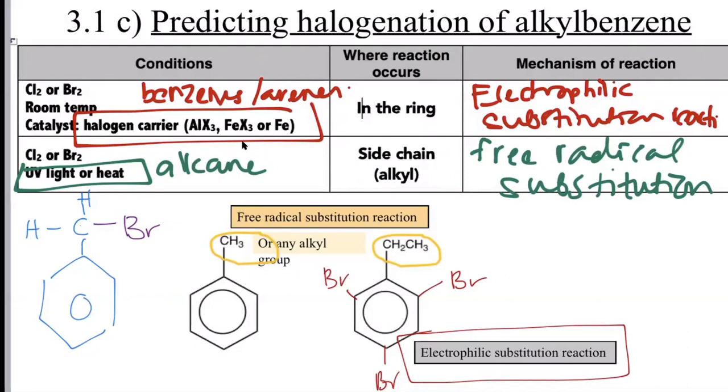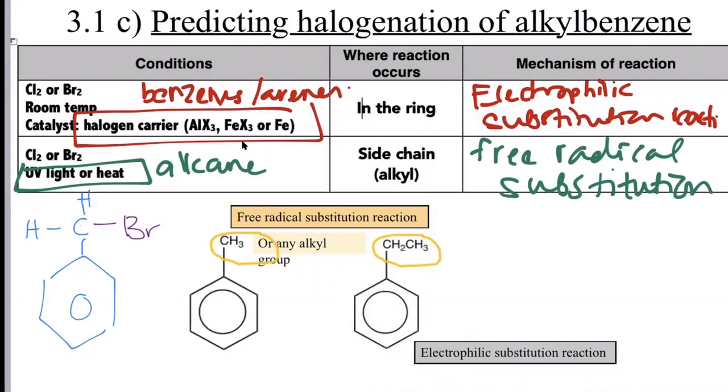Likewise for ethyl benzene, same thing. If you use UV light, then it will not attack the ring. It will attack the ethyl group.